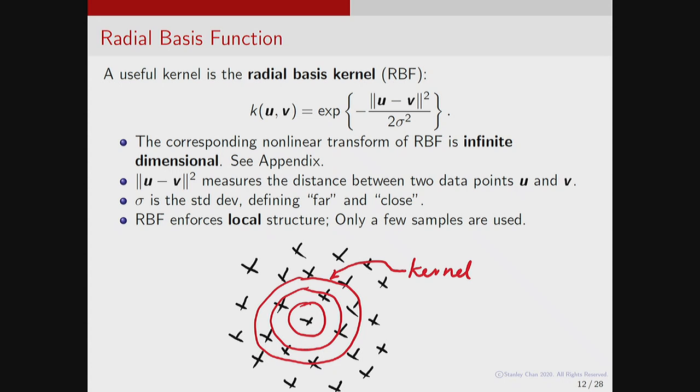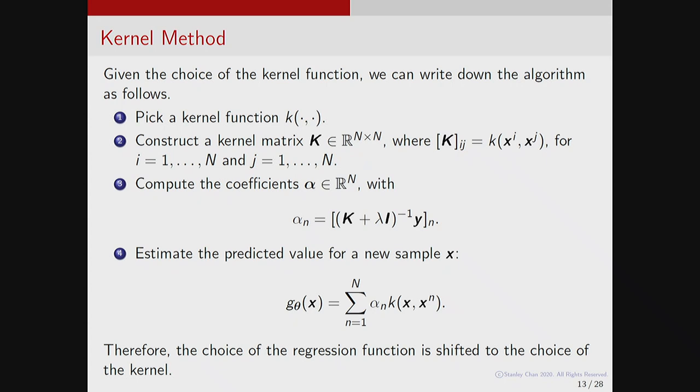Then we can move on and talk about how you can actually implement this kernel idea into the equation that we have seen so far. The idea is the following. You first pick a kernel, like the radial basis kernel. Or you can go online and search for kernel method, and Google will give you a list of popular kernel methods, and there you can look at which kernel you want.